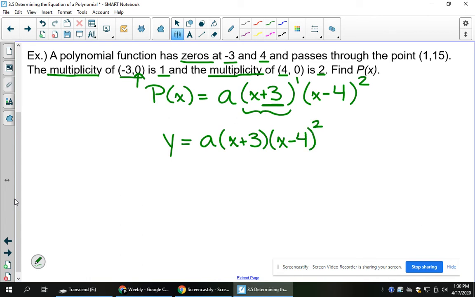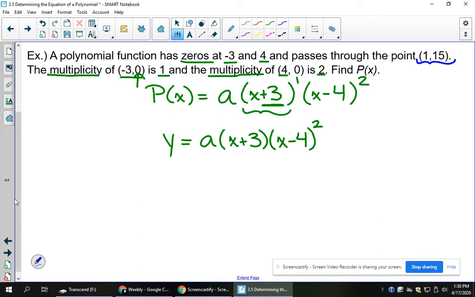So if you caught that, all I did was say function notation is the same as saying y equals, so I replaced p of x with y. The reason I did that is because this is the last piece of information, the point (1, 15), that we need to incorporate into our equation in order to find a.